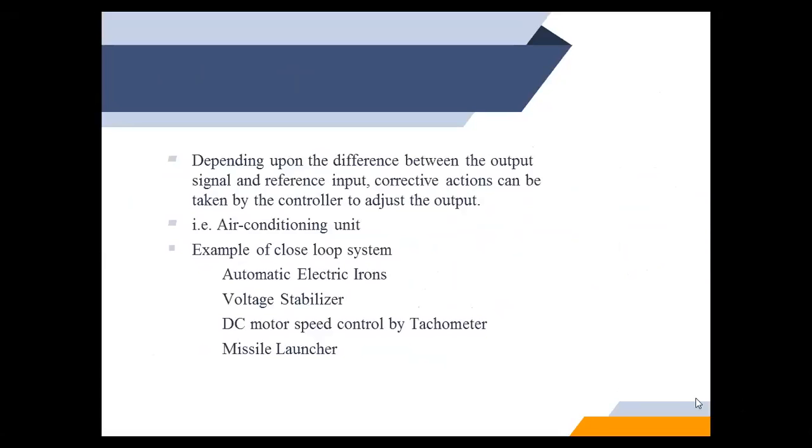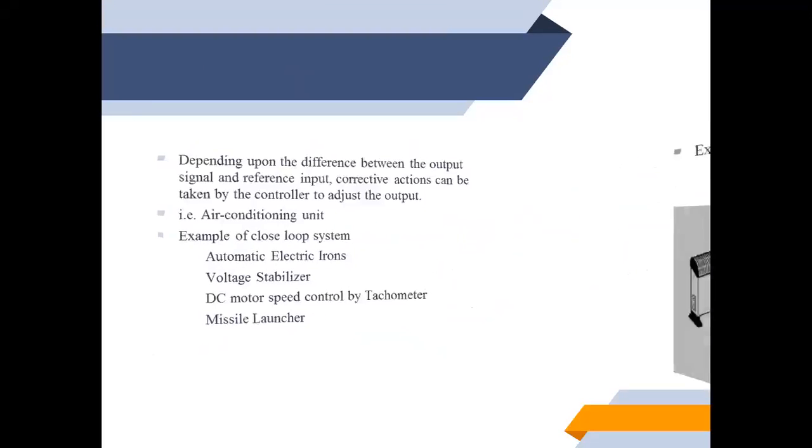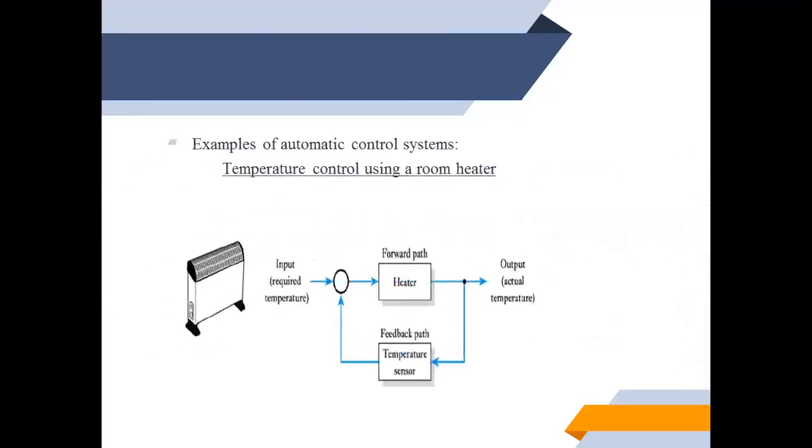So let's take an example of temperature control using a room heater. In a closed loop control system, the control action is dependent upon the output. Suppose the temperature currently is 16 degrees Celsius and we want a desired temperature of 22 degrees Celsius.